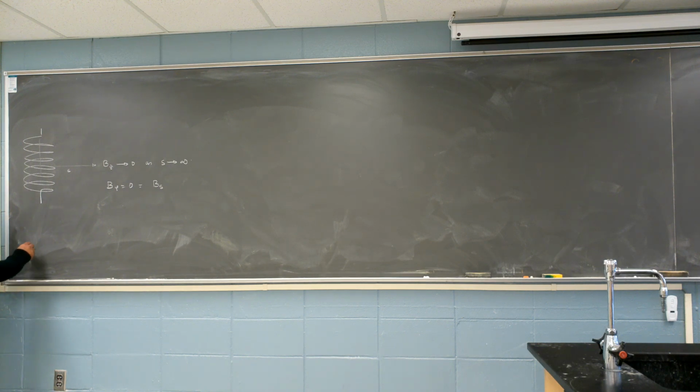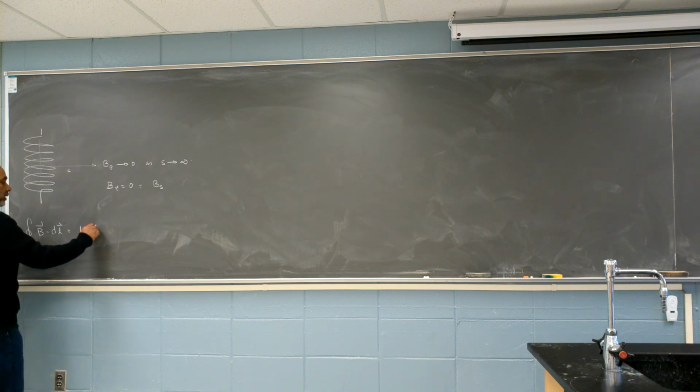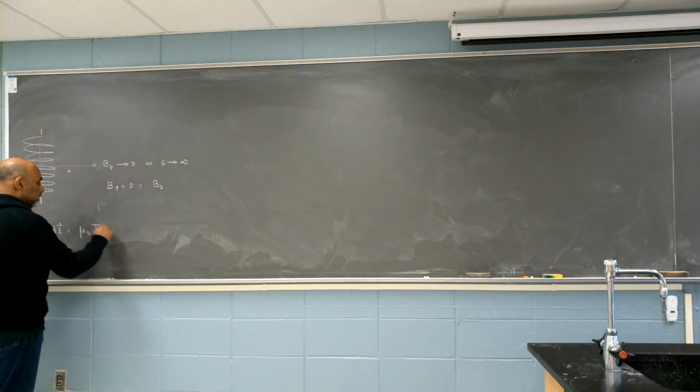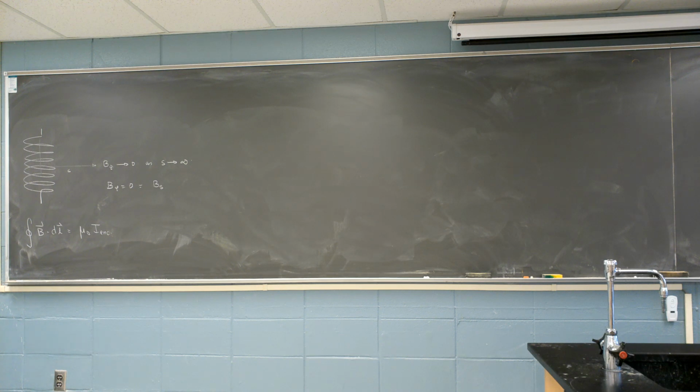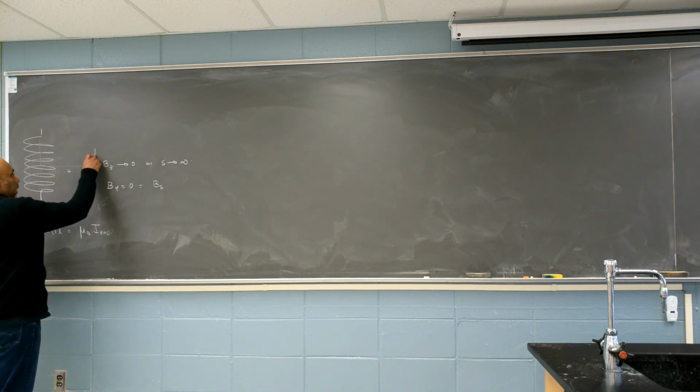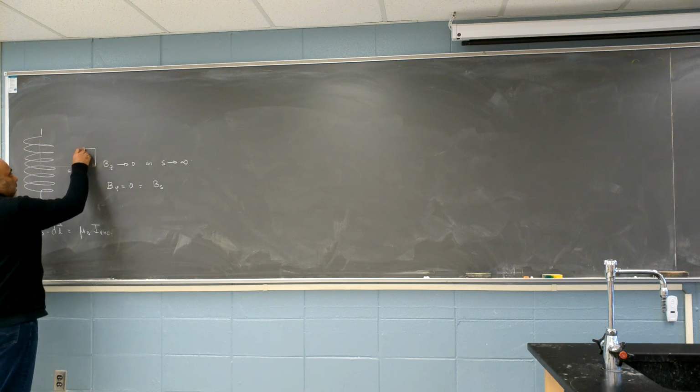Okay, what is Ampere's law? Closed loop B dot dl equals mu 0 times I enclosed. So then, I'm going to take a simple loop like this.